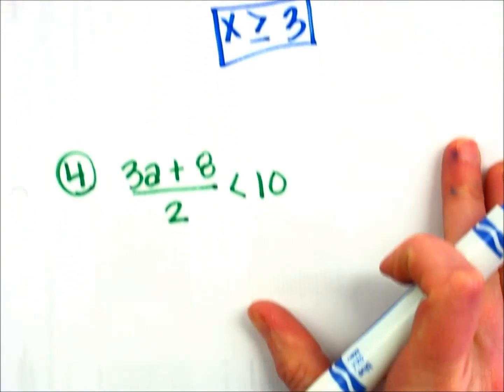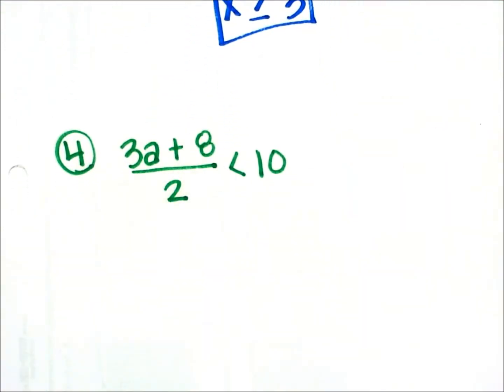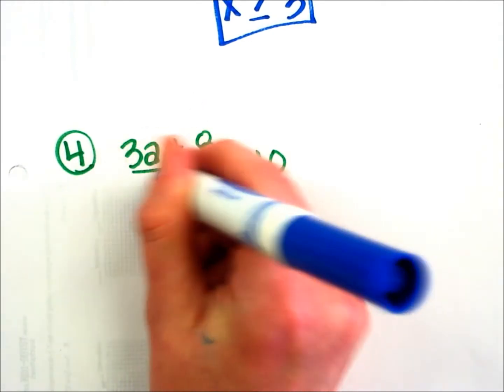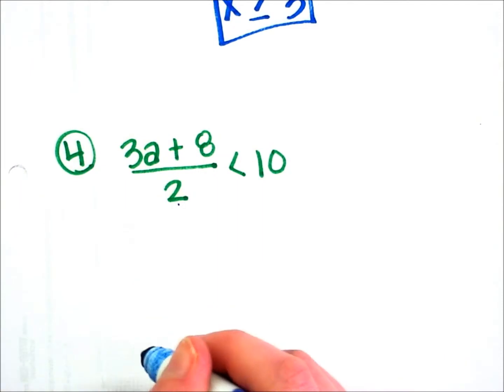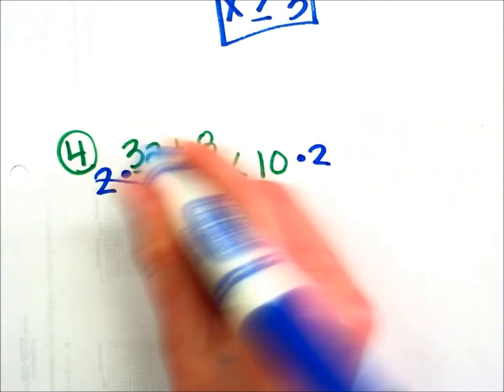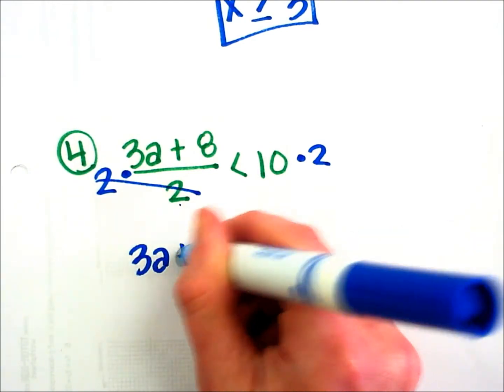In the next example, I have the quantity 3a plus 8, all divided by 2, is less than 10. In order for me to solve this one, this 2 in the denominator is causing a problem. So instead of dividing by 2, I'm going to multiply by 2 on both sides. So that leaves me with 3a plus 8.